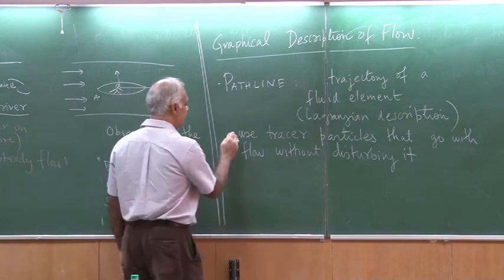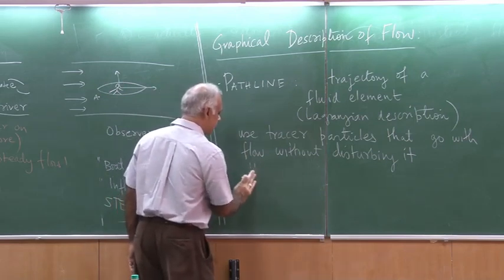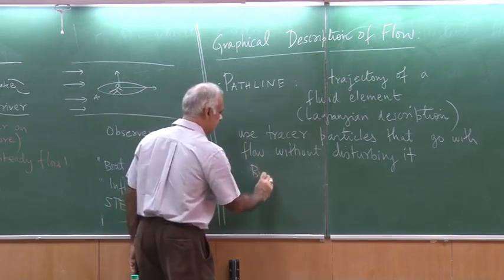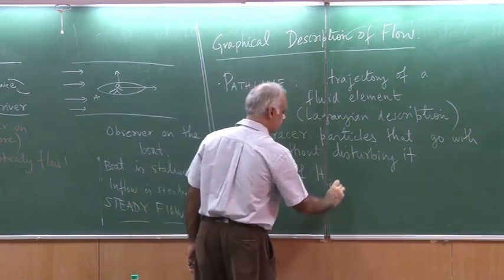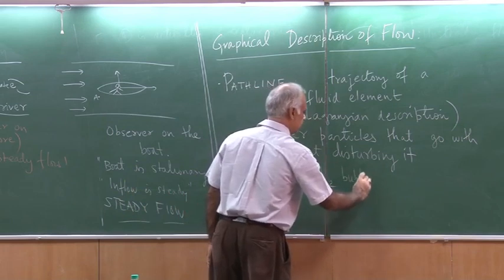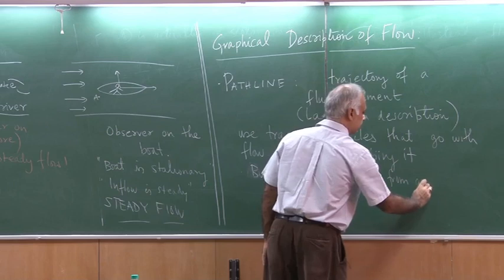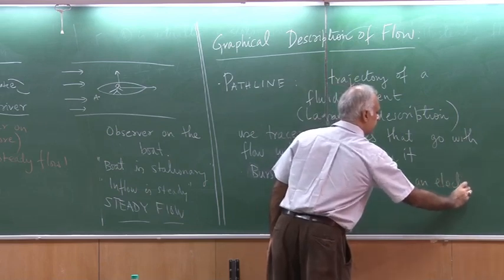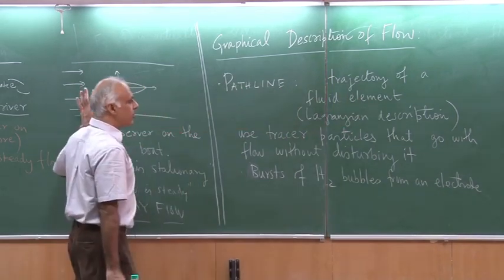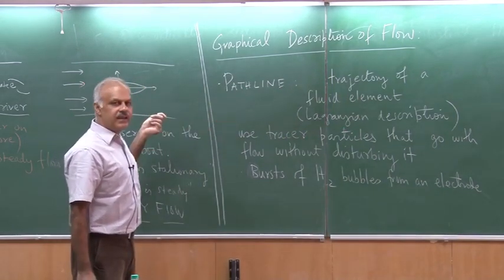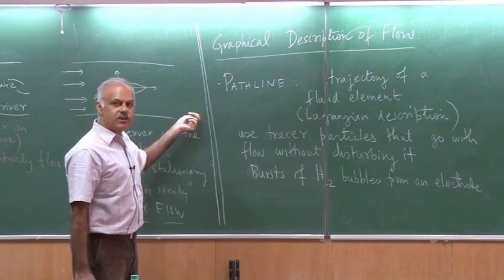Another possibility is many people use what are called hydrogen bubbles. So they will use bursts of hydrogen bubbles from an electrode. So what could happen is I have a flow on this plane and I put in an electrode and then I pass current for a short time.